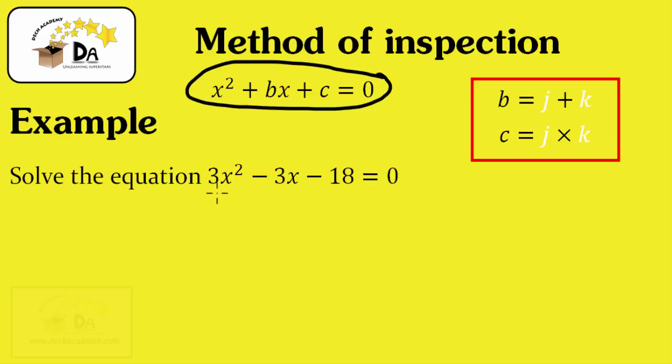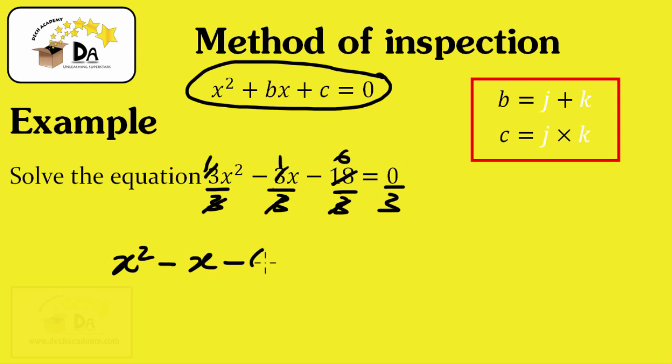So we need to rewrite this equation so that the coefficient of x squared becomes 1. This can be achieved by dividing the equation through by the current coefficient of x squared, dividing through by 3. Doing so gives x squared minus x minus 6 equals 0.